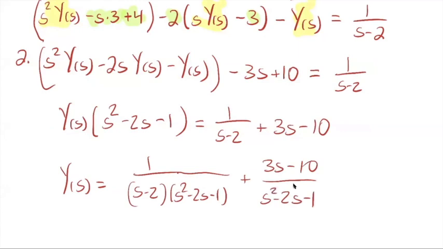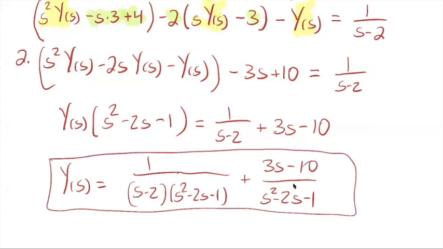On the answer key, I might have added these fractions together and just written it as one fraction. But for this one, you don't need to do the third step. So it just says solve for y of s, but don't take the inverse Laplace transform of it.